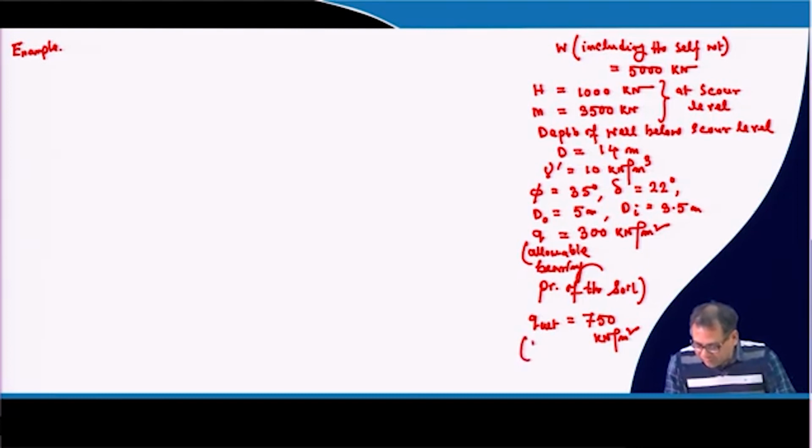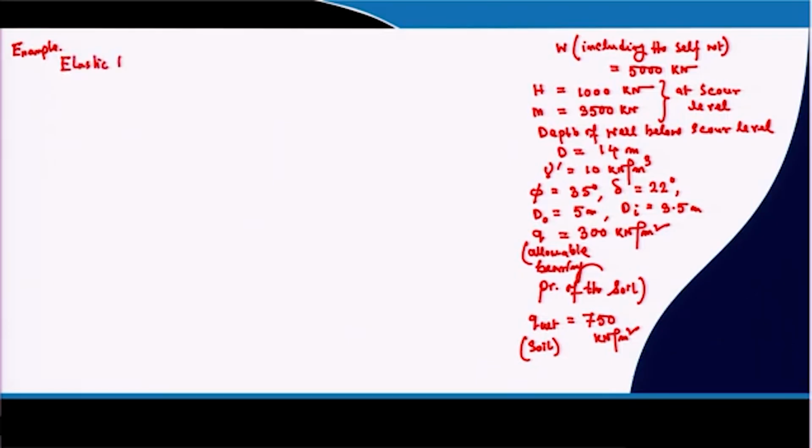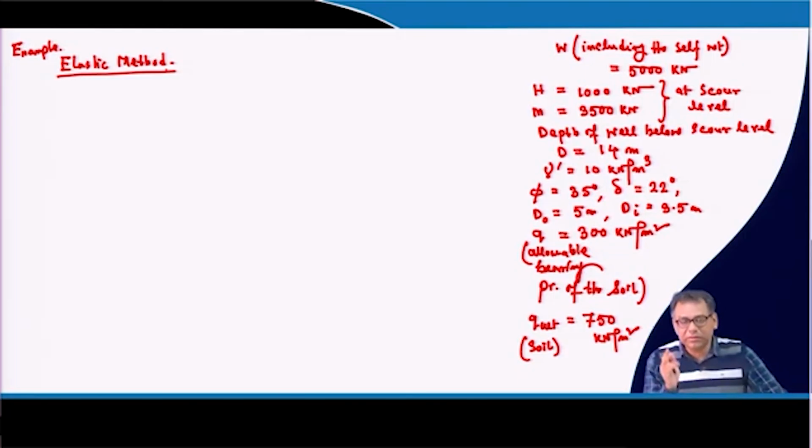So, this is for the soil. Okay. Now, we have to first do it by elastic method. And we have to check whether these values are sufficient to make the well stable.